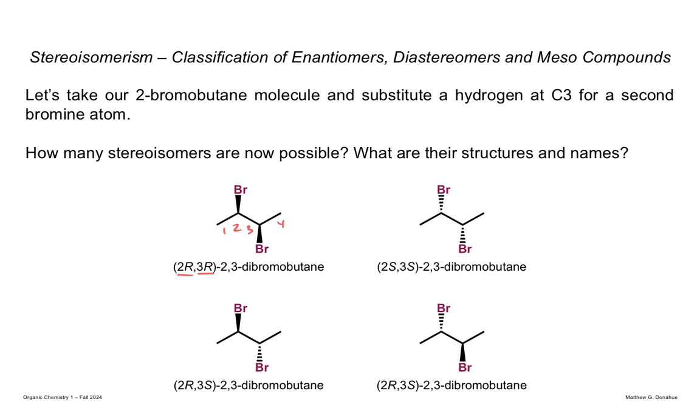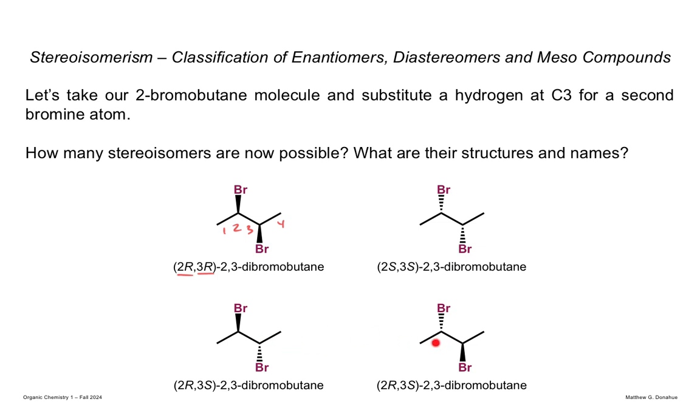So its enantiomer has to be 2S,3S. And notice what I did in the drawing. These aren't exactly drawn as mirror images, but I made the wedges into dashes. And so just by flipping that around, it changes the R to S.